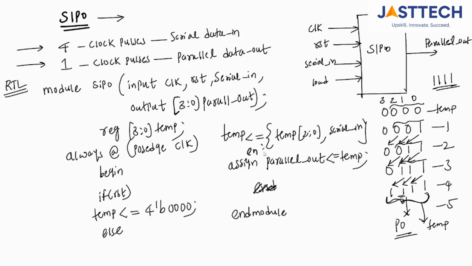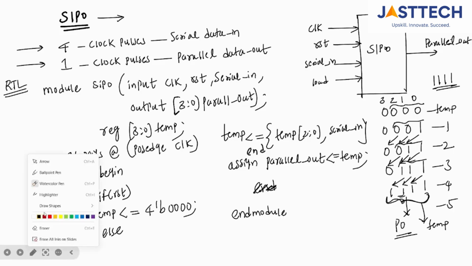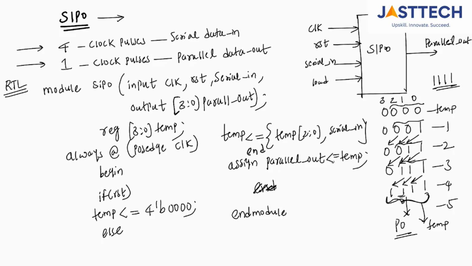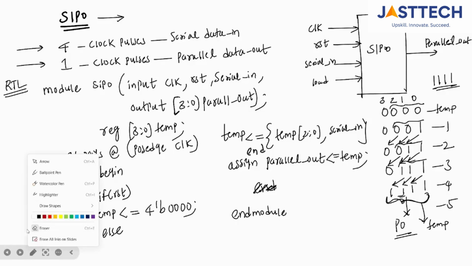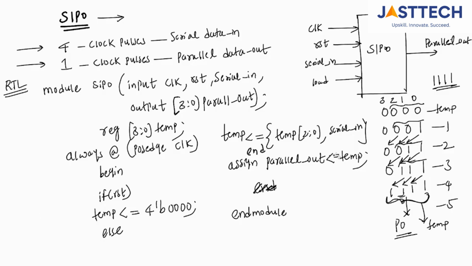Here I need to keep end, and after end I need to use assign parallel_out equal to temp. I can't use assign in the behavioral always block. After the always block, I can use assign parallel_out equal to temp. Now is it fine? Yes.